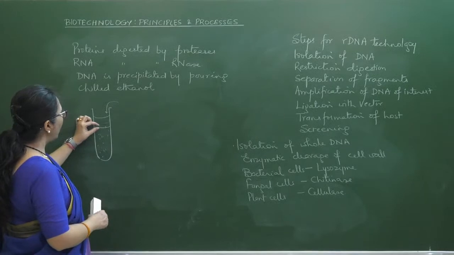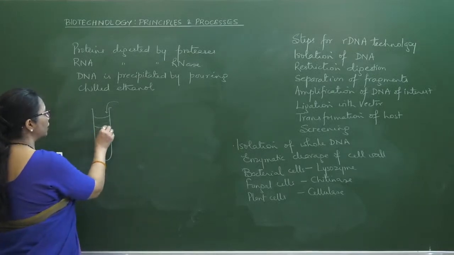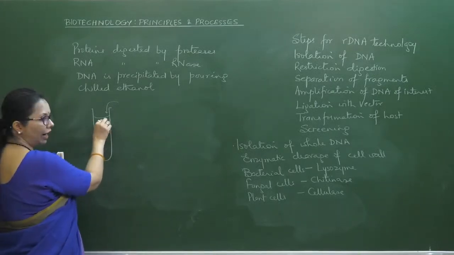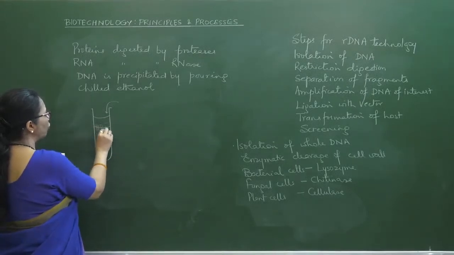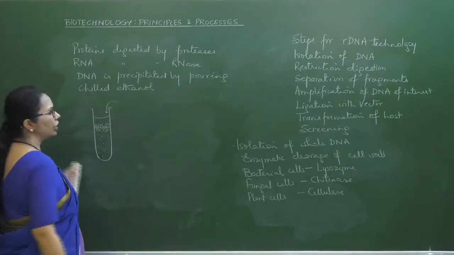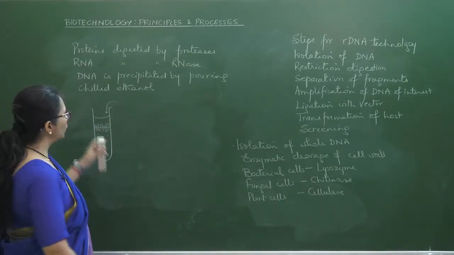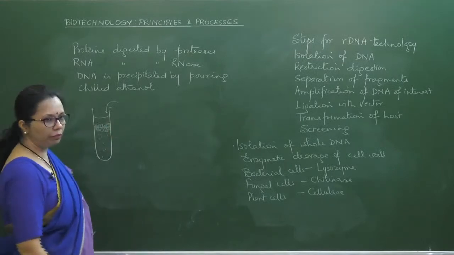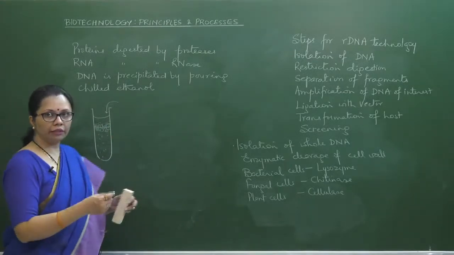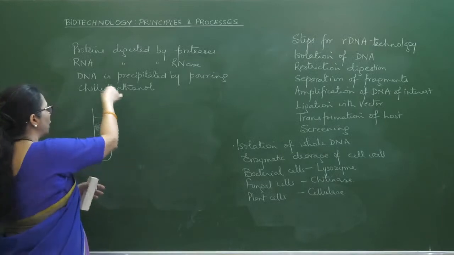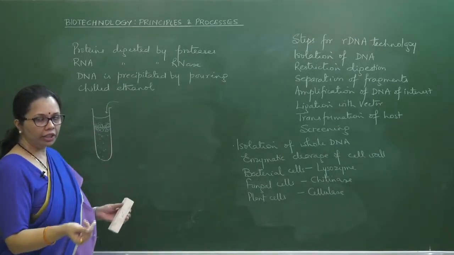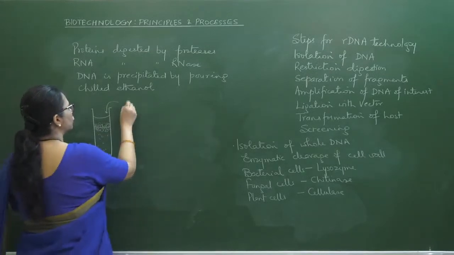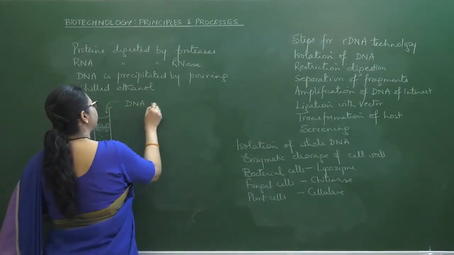Where the mixing is occurring, at this interface between the watery solution and the ethanol, a lot of white threads, easily visible by naked eyes, will be precipitating out. So it is at this interface that DNA will precipitate out. And as it is given in the NCERT, they put a glass rod here and just roll it, and the DNA is taken out. That's called spooling.